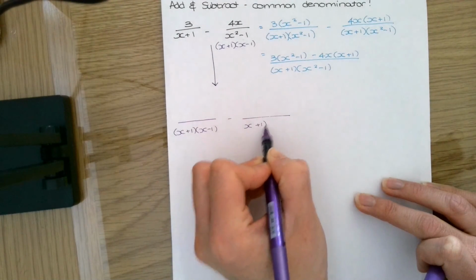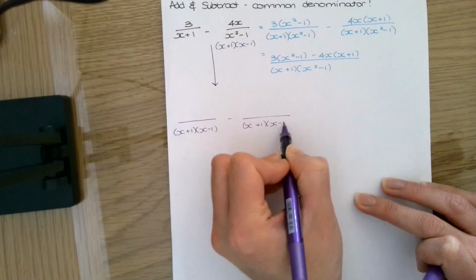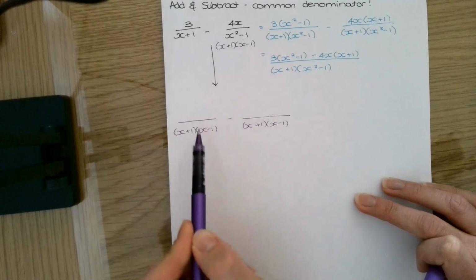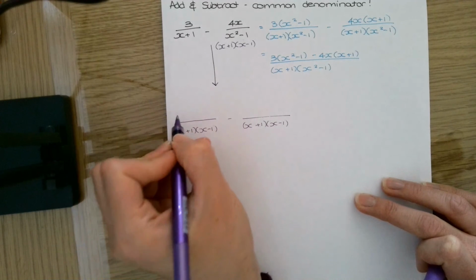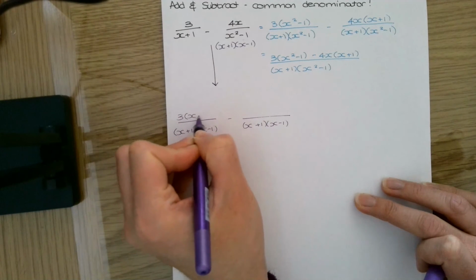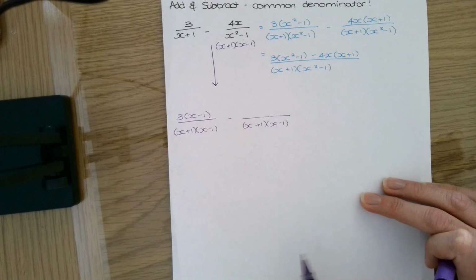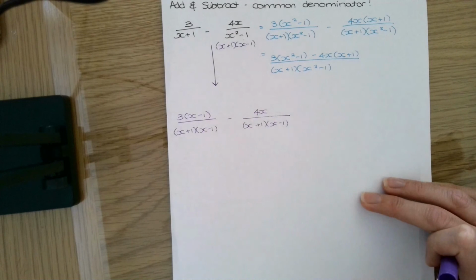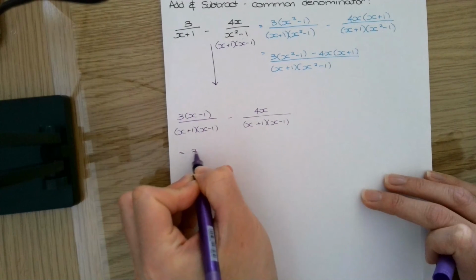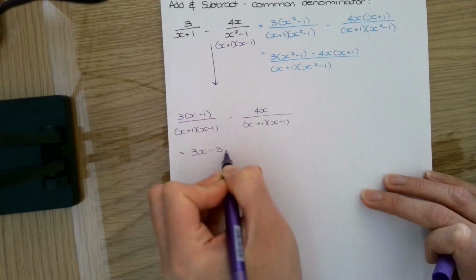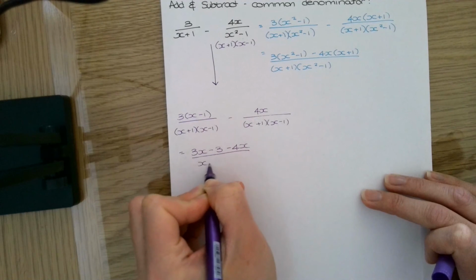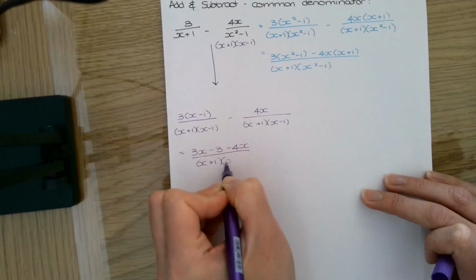So the first fraction already had the x plus 1, so it's just been multiplied by x minus 1. The second fraction is exactly the same because nothing has been added into the denominator. So that now gives us 3x minus 3 minus 4x over x plus 1, x minus 1.